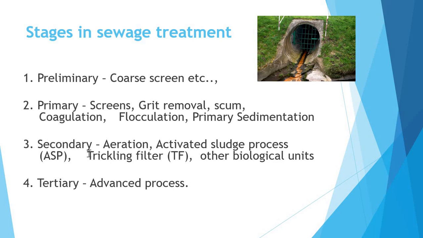The secondary treatment involves aeration through the activated sludge process or trickling filters and other anaerobic and biological treatment units like oxidation ponds, stabilization ponds, UASB, etc. The tertiary treatment is needed whenever the water is going to be reused for some other purpose, maybe an industrial activity or for washing, which aims at reducing the solids in the wastewater as well as reducing the pathogenic microorganisms in the water.